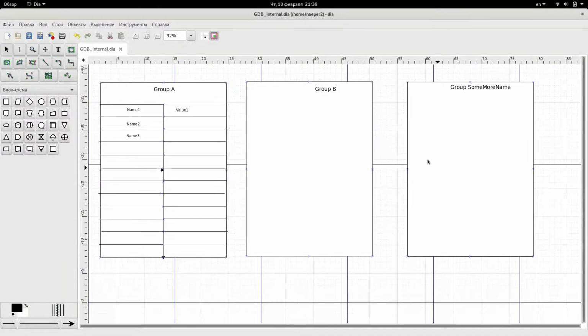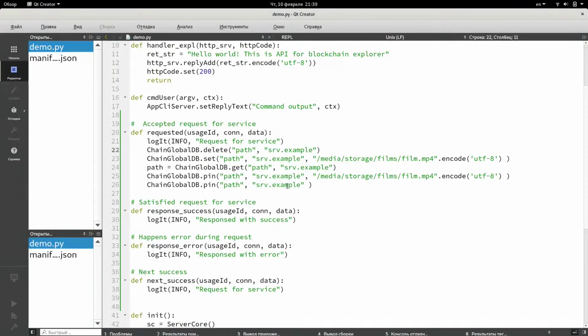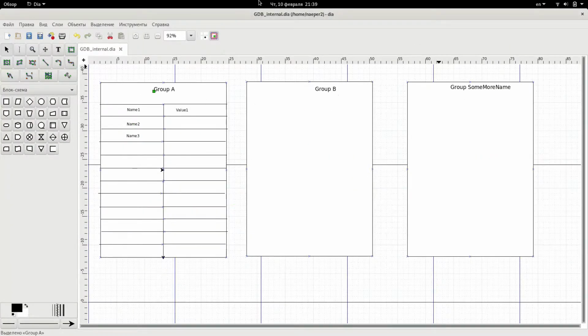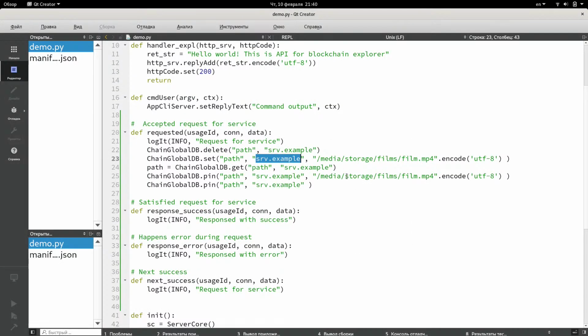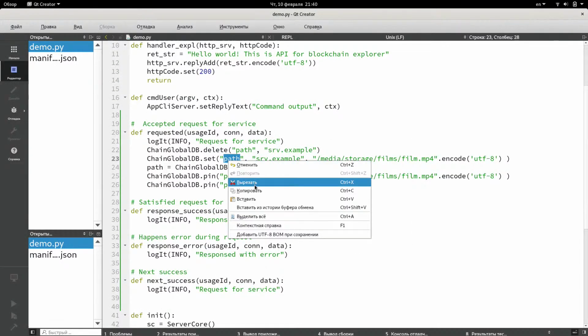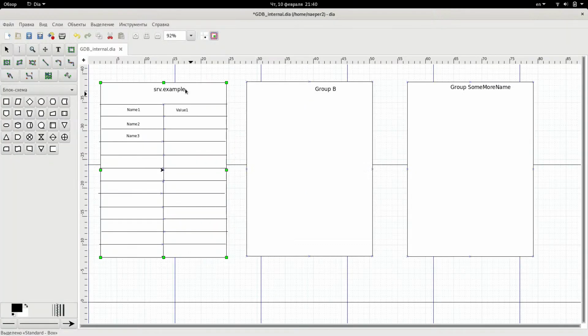So it's the internal structure of GDB as a database for developers. So returning to the code that we wrote last time, you could see here this srv.example, that's the group. So here we could write, for example, srv example, and we write here name, path.